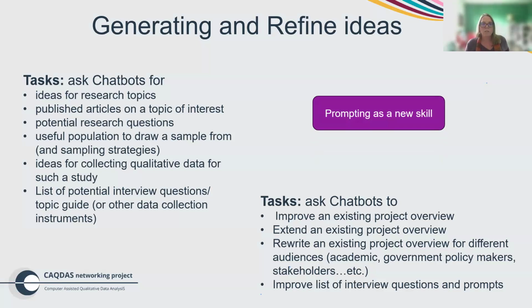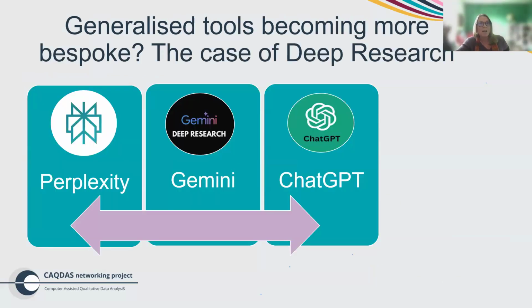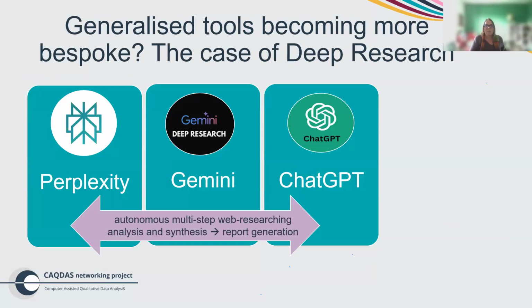But I also wanted to just highlight very briefly today that it's not just the chatbots that we now have available, but we also have tools which have been developed for research purposes. So some of you might have heard of deep research, and actually there are 3 deep research tools coming from different providers, and these are basically ways of generating research.